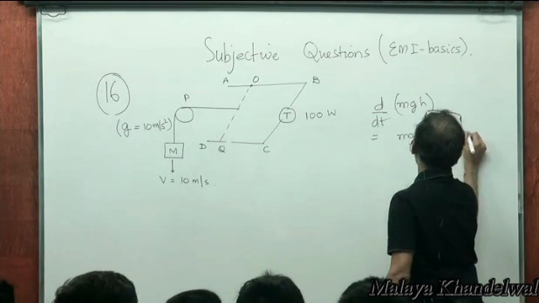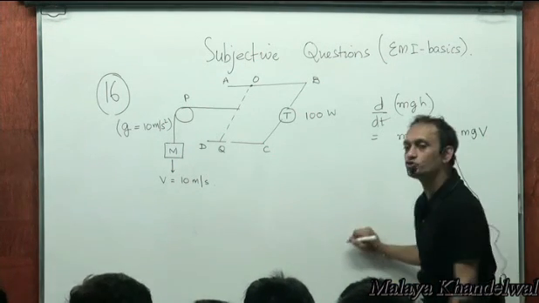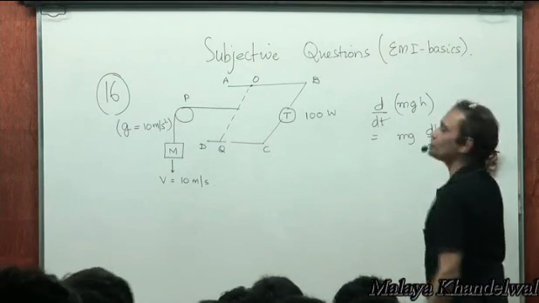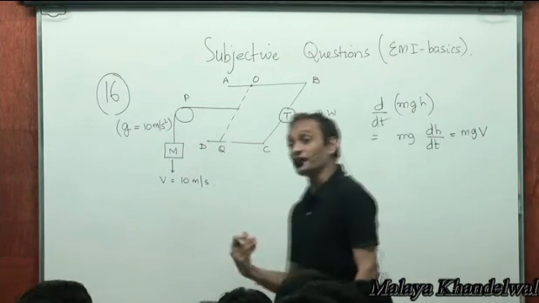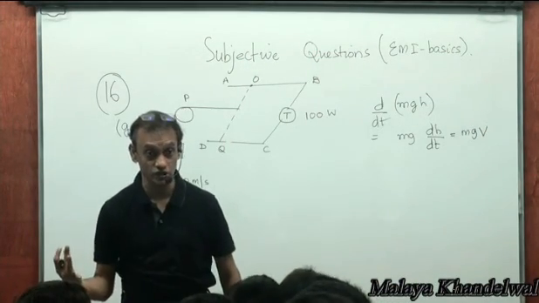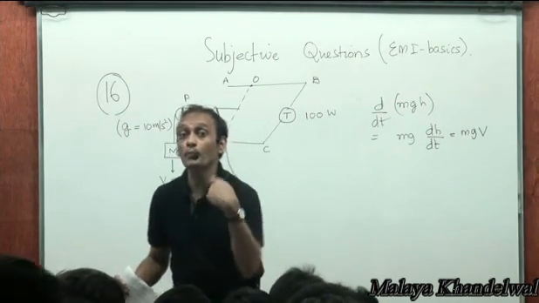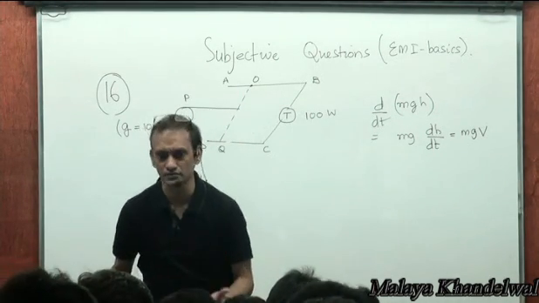So this is mgv. So mg into the velocity of the mass is the rate at which it loses potential energy. That means this is the power loss, gravitational power, right?